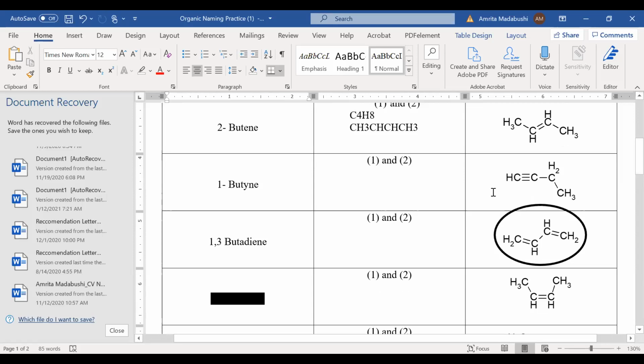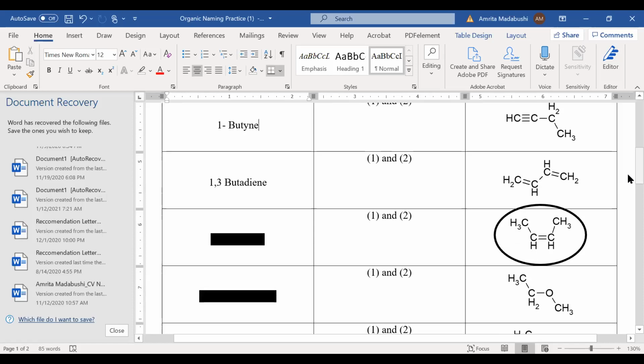Why do I call that? Because at position 1 of the carbon there is 1 double bond, then 2, 3, and at position 3 of the carbon there is another double bond. So 1,3-butadiene. Don't think too much of this example. I picked it from somewhere and felt it would be a nice idea to discuss. Okay, this one.